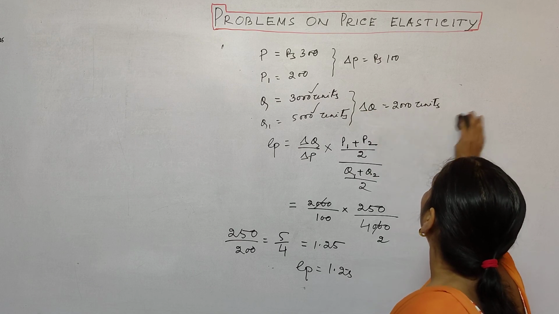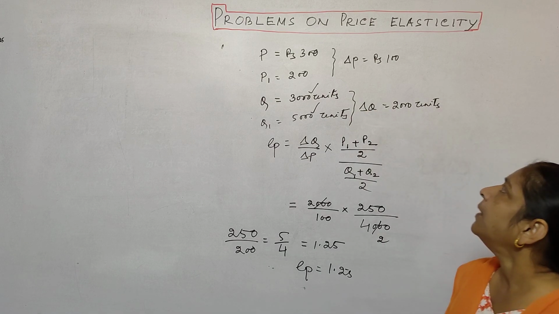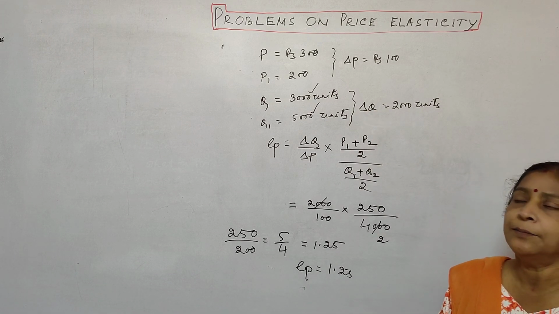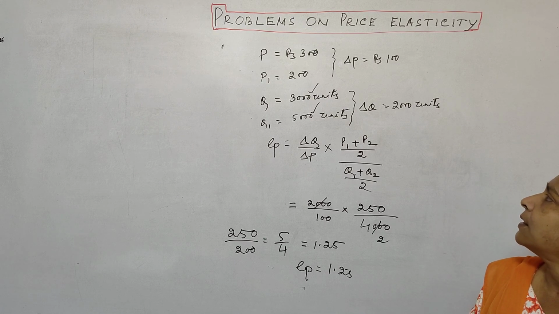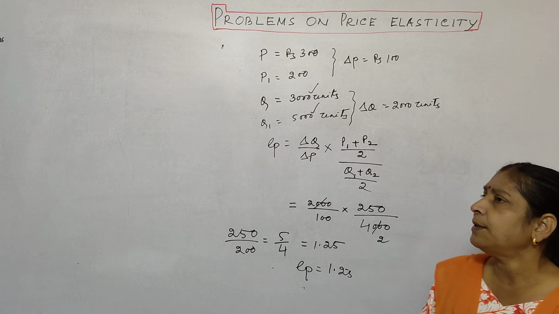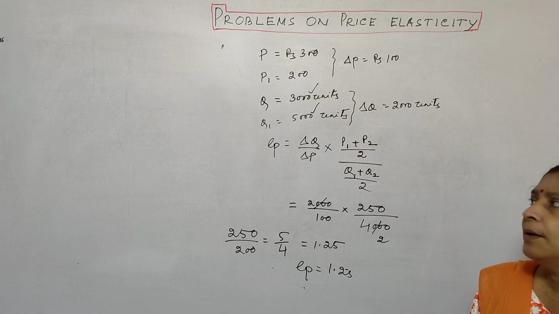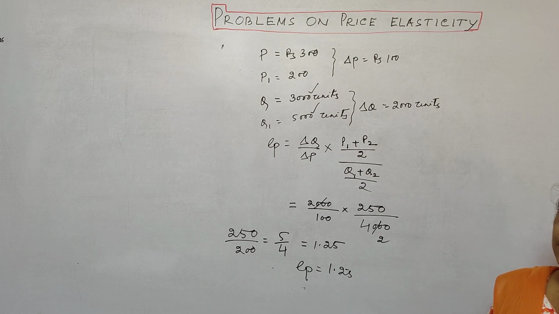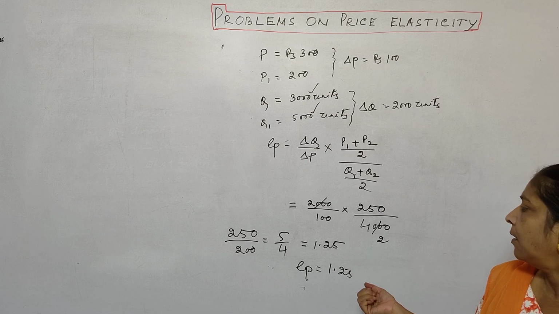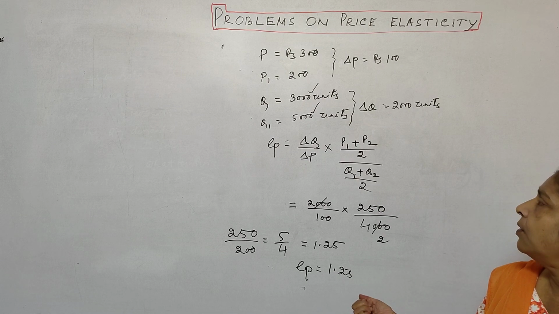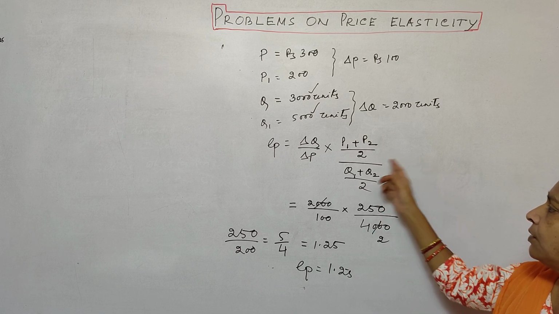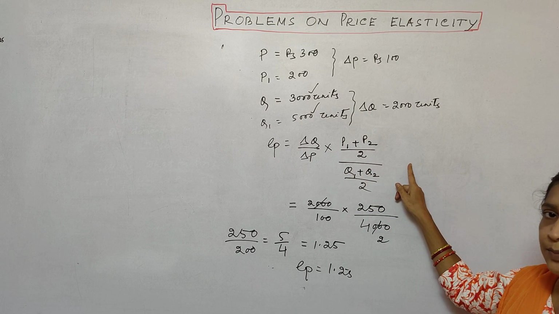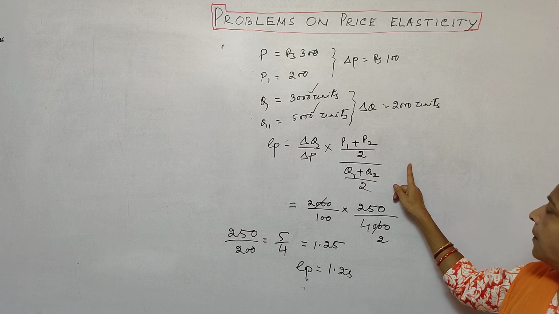So these are your problems on price elasticity of demand. You can solve various problems from various books also, but these are the varieties of problems. This is very easy to solve, you only have to remember the formula. In the arc elasticity method, you have to remember this average of the price and quantity.